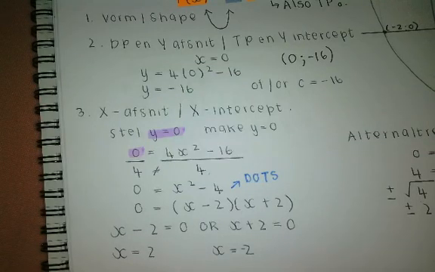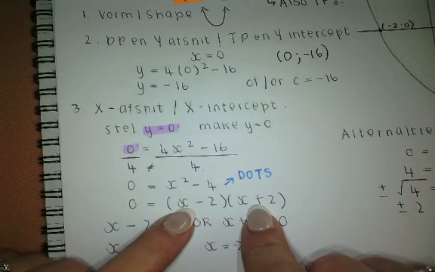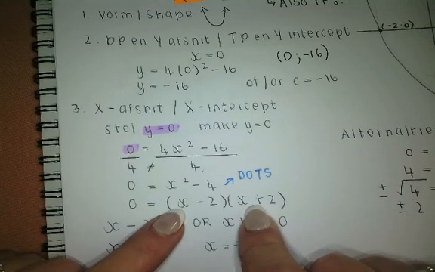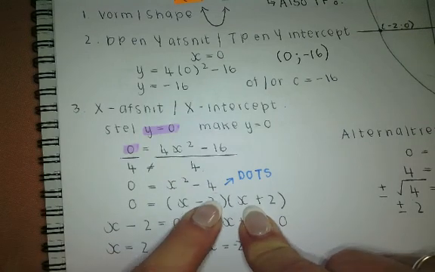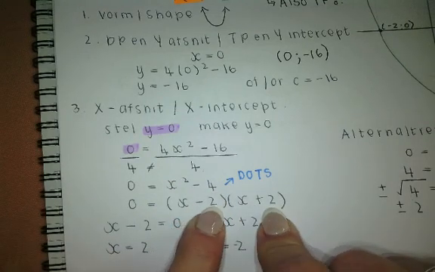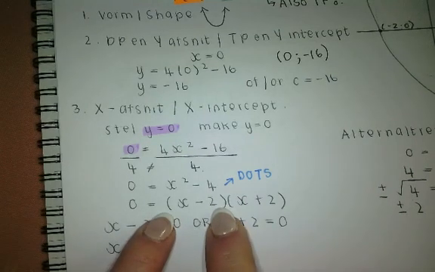And now remember, what did we say about a quadratic? How many x-intercepts does a quadratic have? 2. And with a quadratic, when you're solving, how many solutions do you get for x always? 2. So with the brackets, one gets a plus, one gets a minus. The square root of 4 is 2, and 2 times 2 gives me 4.